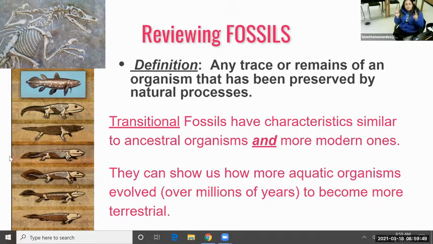So it's like the in-betweens, I like to call them. These transitional fossils can show us how, for example, more aquatic organisms like fish evolved, again over millions of years, to become more terrestrial, or more land-based. And that's exactly what we looked at on Tuesday.